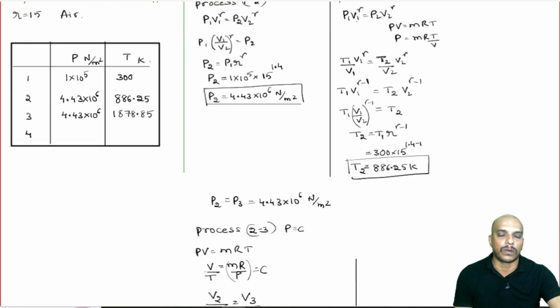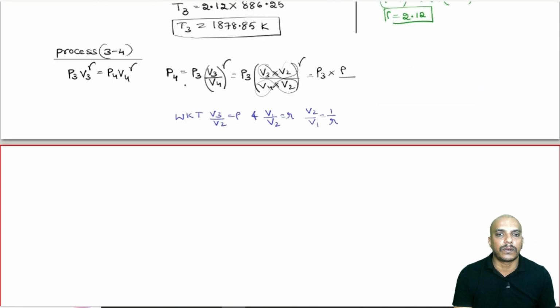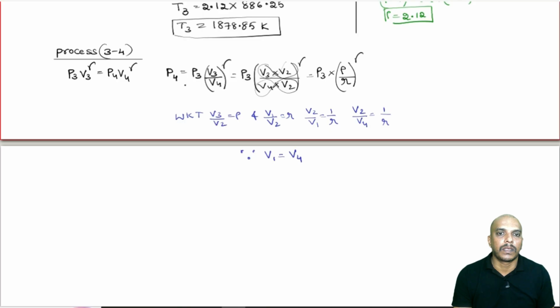V1 is V4. Because V1 is equal to V4, we can say that V2 by V4 is equal to 1 by R. Keeping that in mind, this can be rho by R whole power gamma.